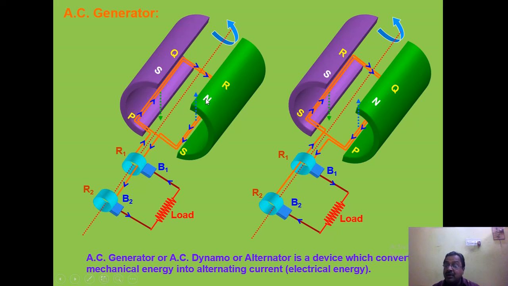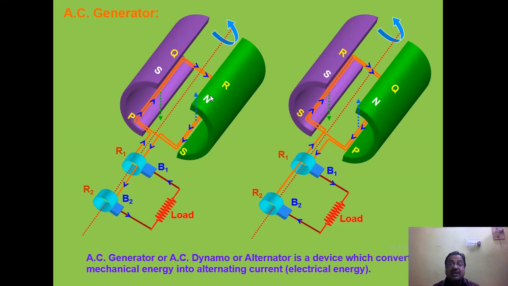Magnetic flux is BA cos theta. If cos theta is 0, magnetic flux is minimum, which means the angle between the area vector and the magnetic induction vector is 90 degrees.